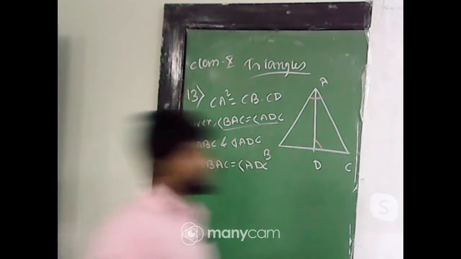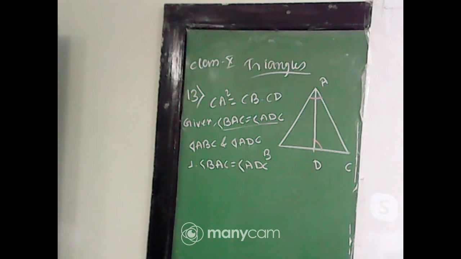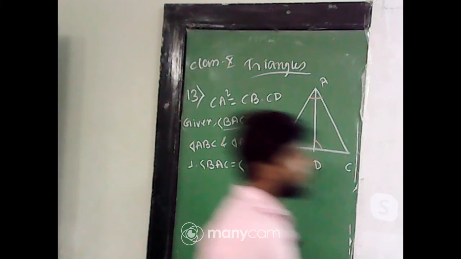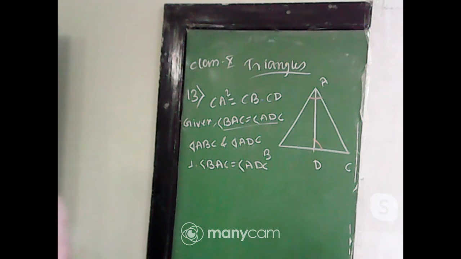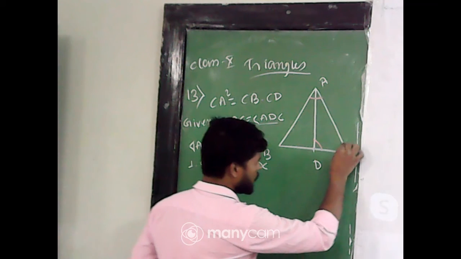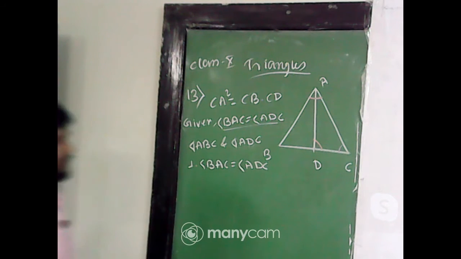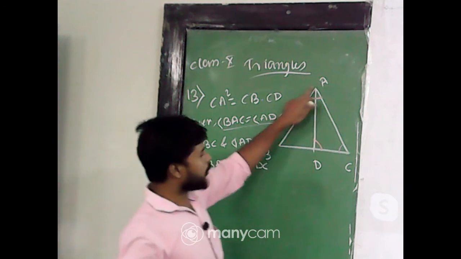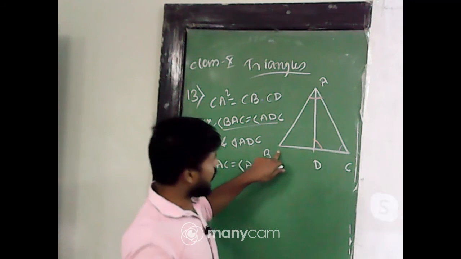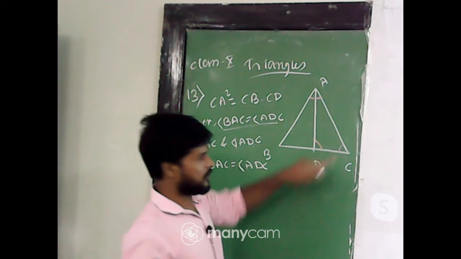And the second condition is, can you figure it out? What will be the second condition? Look, this is an angle of the triangle ABC and the triangle ADC, both.